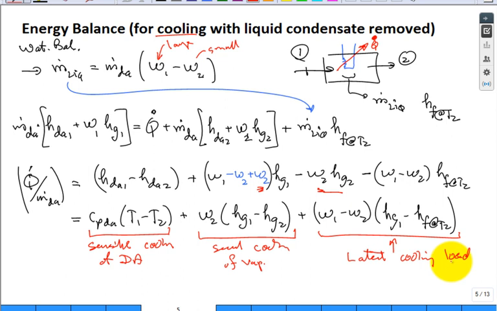What do they mean by sensible and latent? These are old terms, they go back. Sensible means that because I either added heat or removed heat, there was a proportional temperature change. That makes sense to us, and typically the proportionality constant is specific heat. What about latent? Going back to etymology, the study of the word, it's something about hidden.